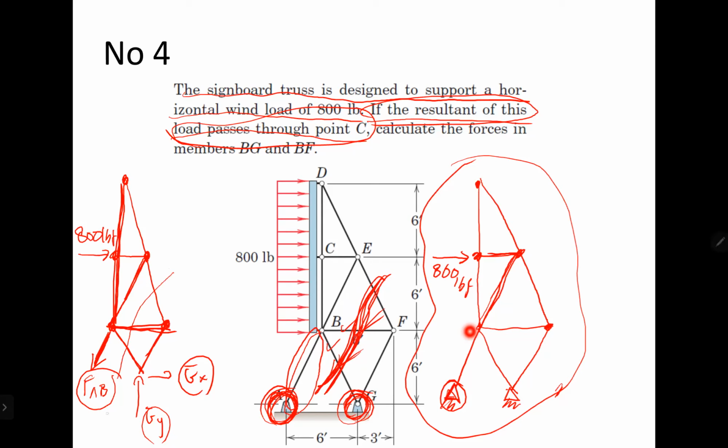But after you solve for FAB, Gy, and Gx, you have to solve them first. So the first step is solving for forces FAB, Gx, and Gy. Then the second part is the cutting step. After you cut it, you will be left with two free body diagrams.